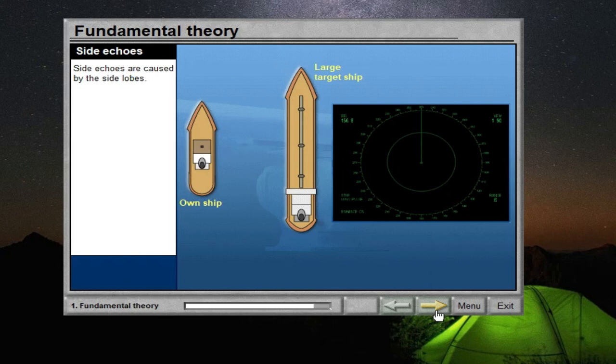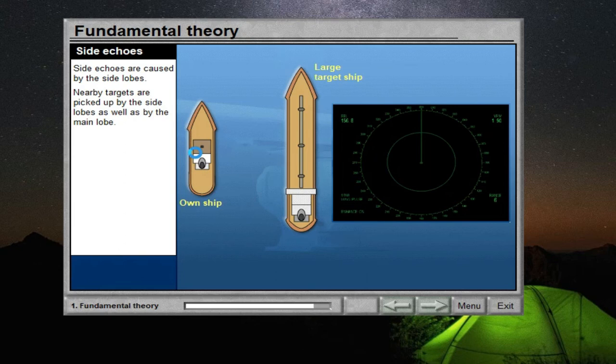Side echoes are caused by the side lobes, which are unwanted beams radiated by the scanner in a different direction to that of the much stronger main lobe. Nearby targets are picked up by the side lobes as well as by the main lobe.